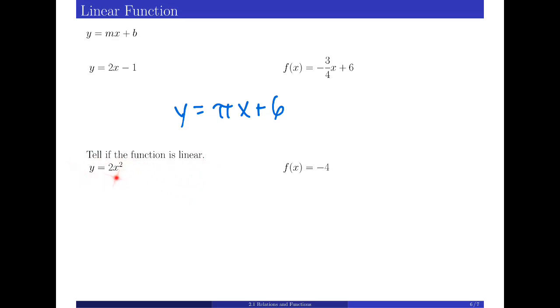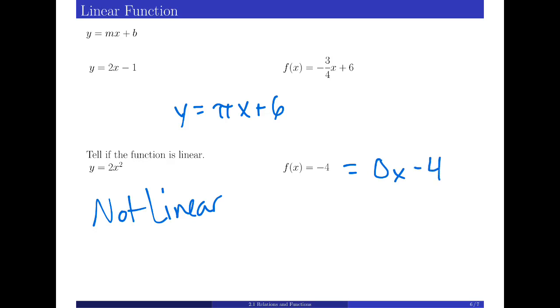If we have anything else happening to the x besides just multiplying it by a constant, then it is not linear. So here we have x squared. So that is not linear. Or over here we have f of x equals negative 4. We could say that this is 0x minus 4. Does that fit the slope-intercept form? Sure does.